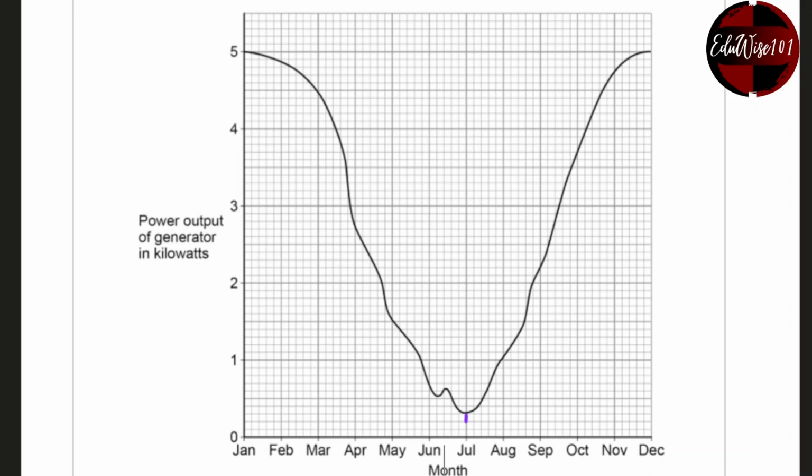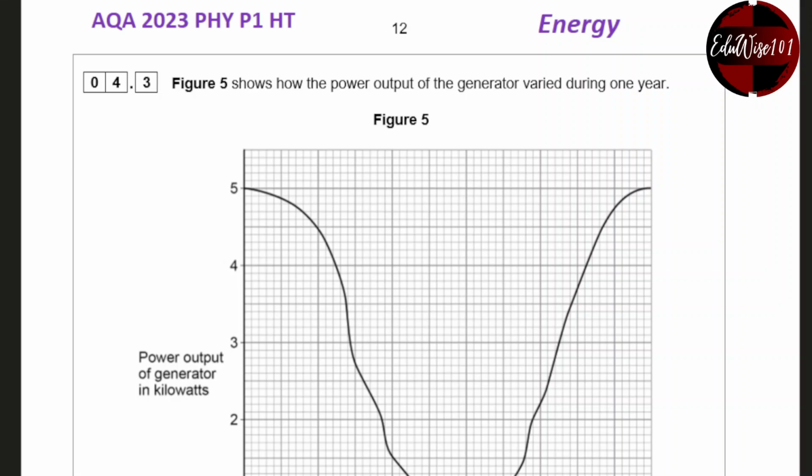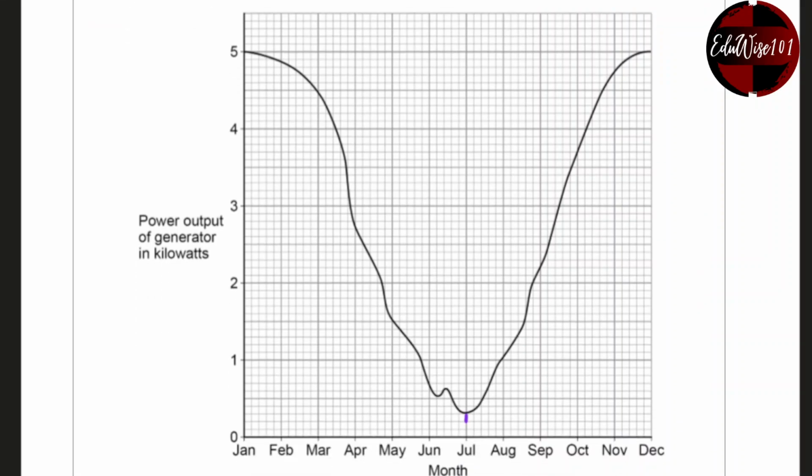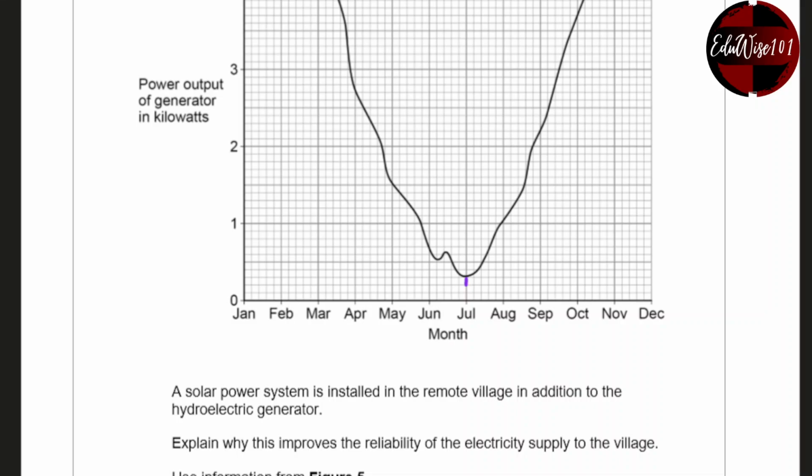Again, here we are talking about a hydroelectric generator, which depends on the amount of water. So why would the power generated during the months of the summer, May, June, July, August, be the lowest?